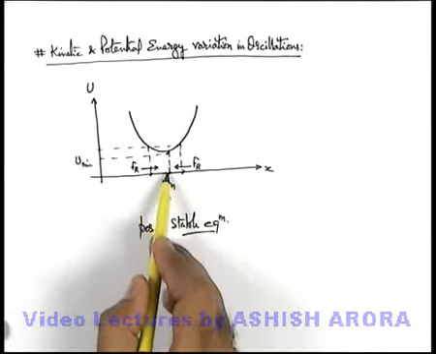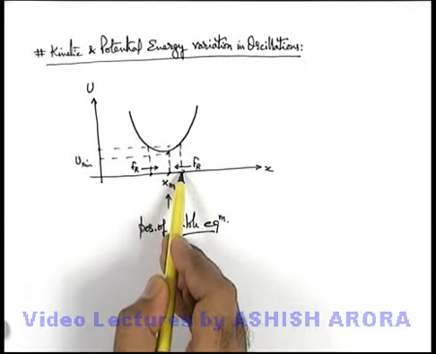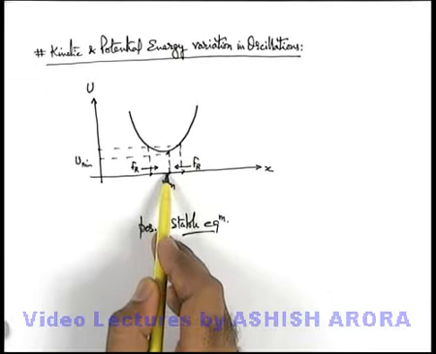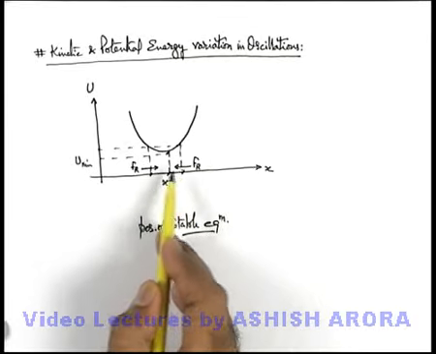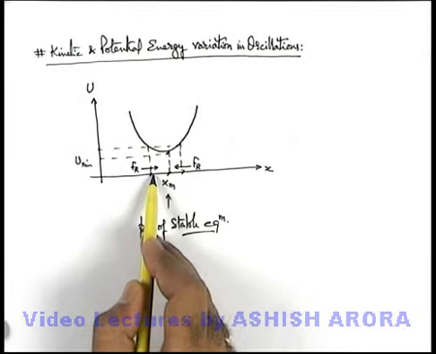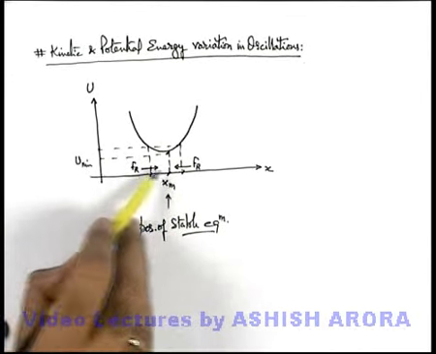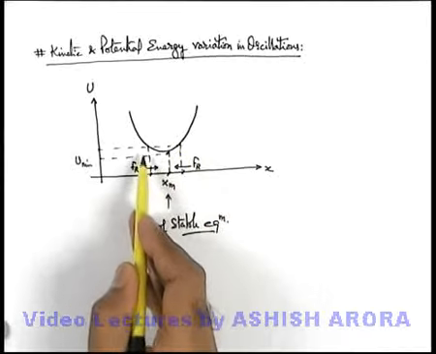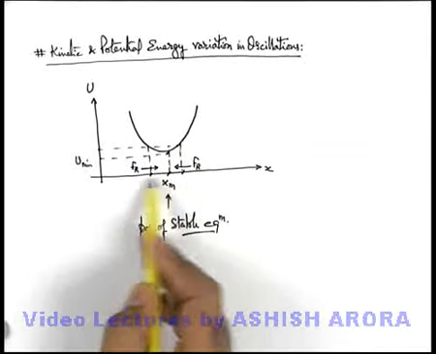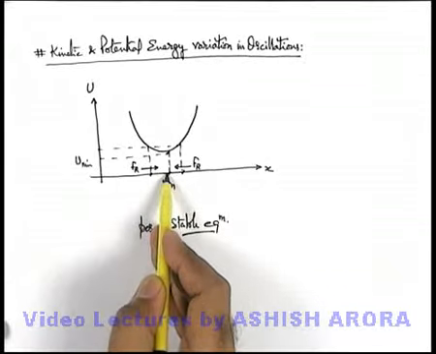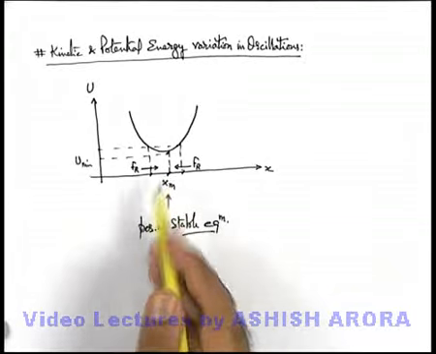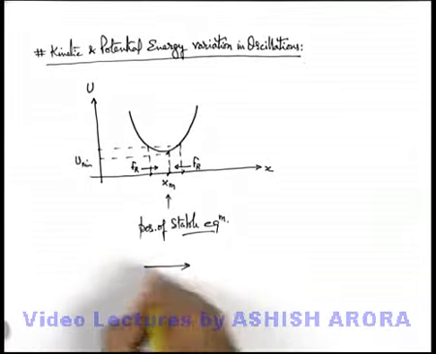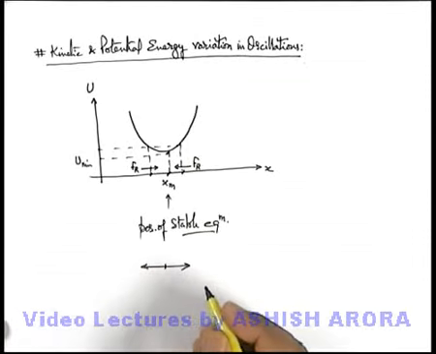So if you displace the particle from the mean position, due to the restoring force it will come back, and when it reaches the mean position, due to acceleration by the force it will gain some kinetic energy and overshoot the mean position, and then the direction of force will reverse. So this restoring force and this potential well curve of potential energy are responsible for the oscillation of the particle about the mean position. So in this situation, if we talk about the kinetic energy of the particle, here we can state, if the particle is oscillating about its mean position.